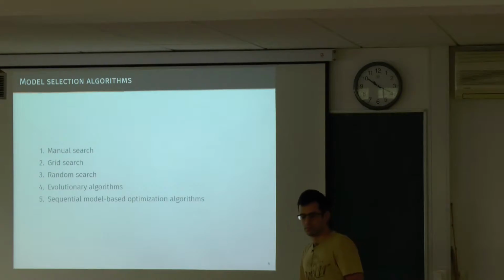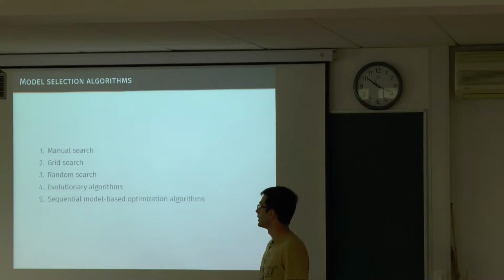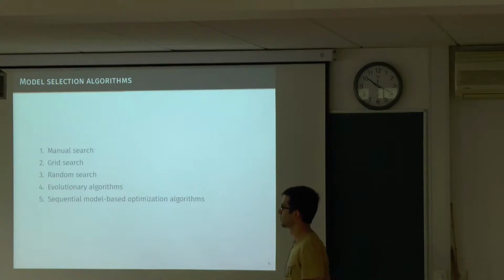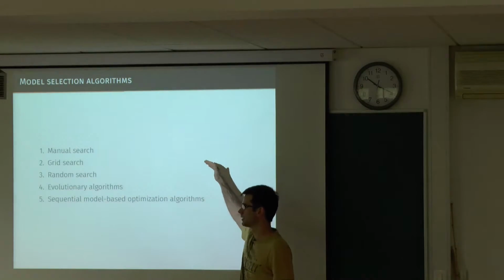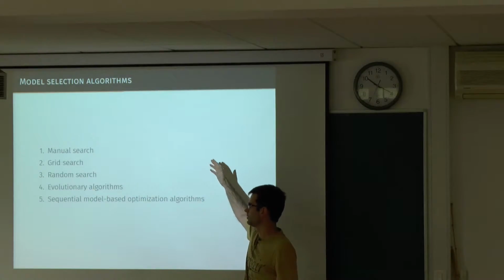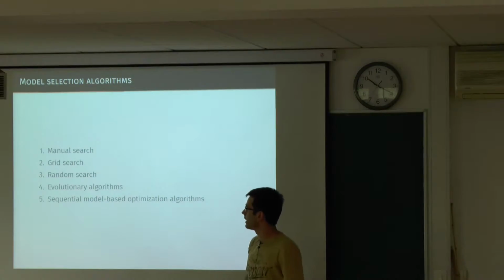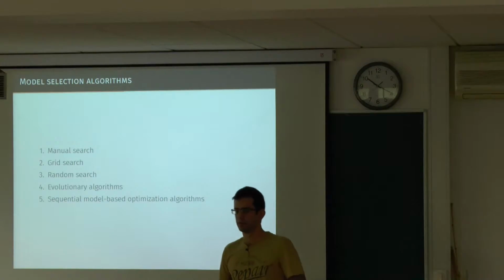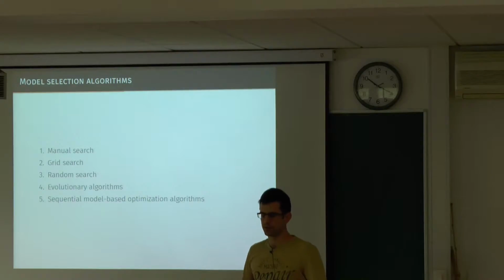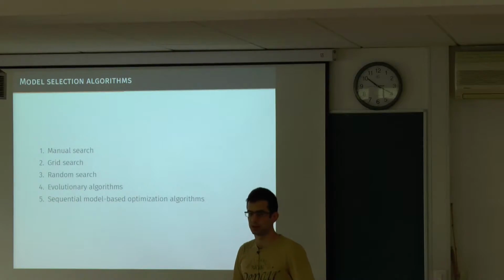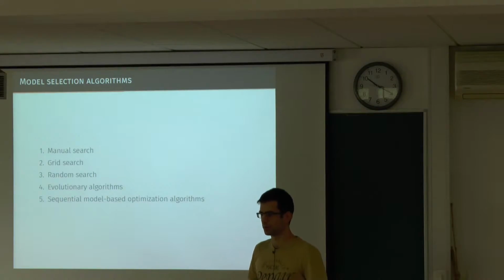There are many model selection algorithms you could choose from. So the first, going from, let's say, least intelligent to a little more intelligent: the manual search, where a researcher tries to build an intuition about what algorithms to use and what parameters to use for a specific problem.